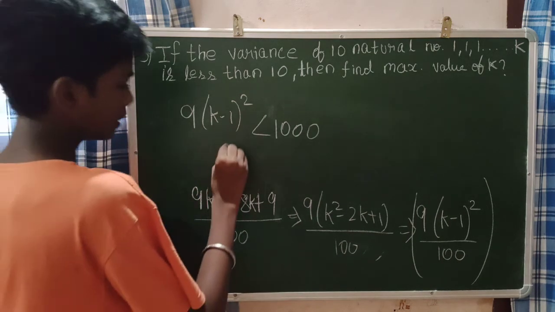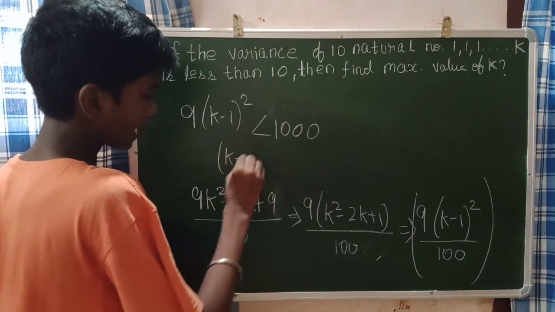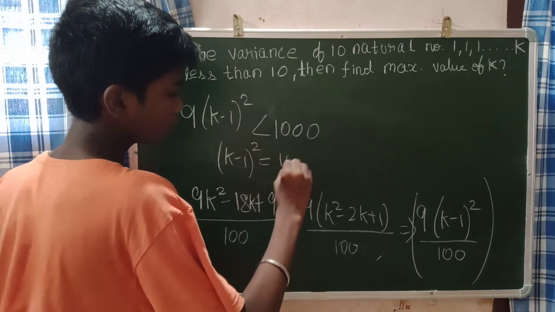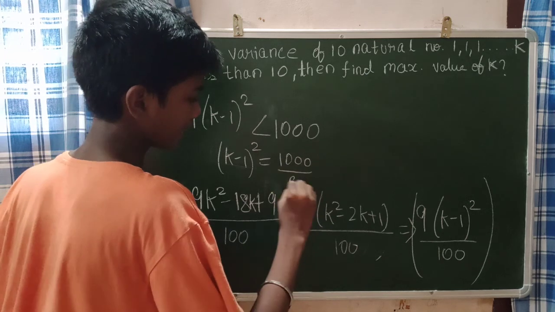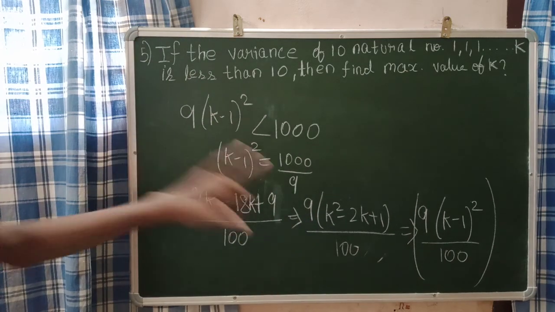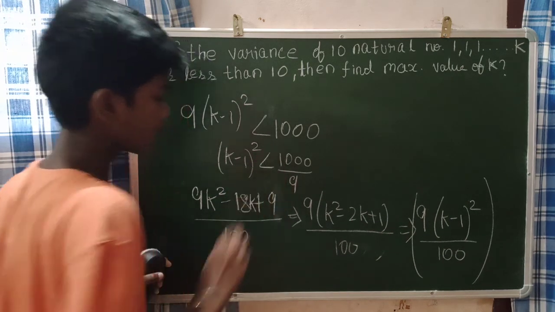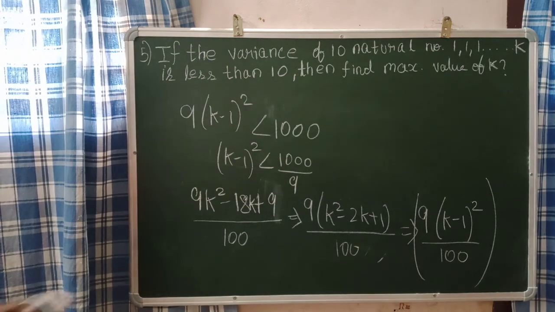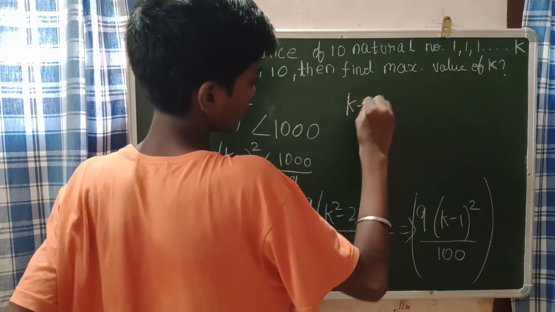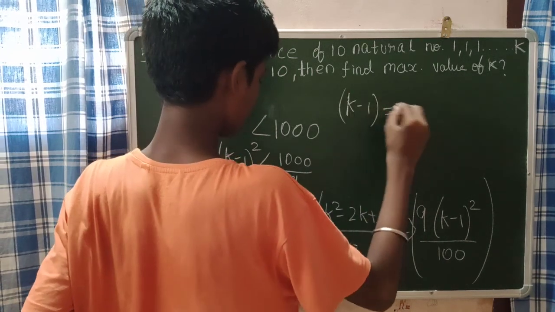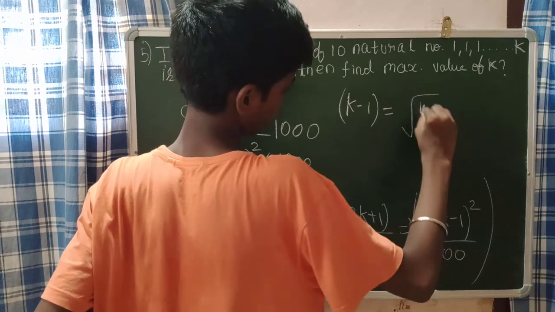What I can do is get k minus 1 whole square less than 1000 by 9. Because I just took this 9 to the right hand side, so you will get divided by 9. It's not equal, it's less than. So k minus 1 whole square is less than 1000 by 9. So k minus 1 is less than root of 1000 by 9.